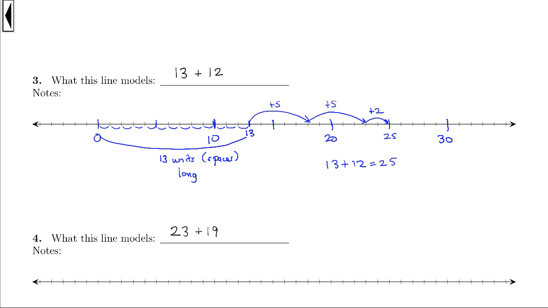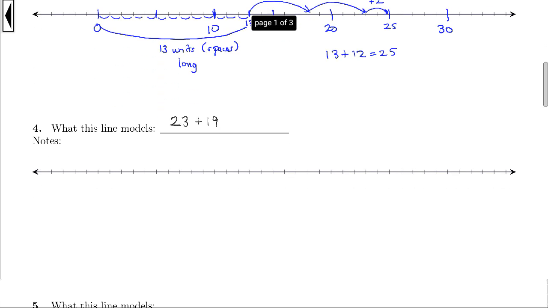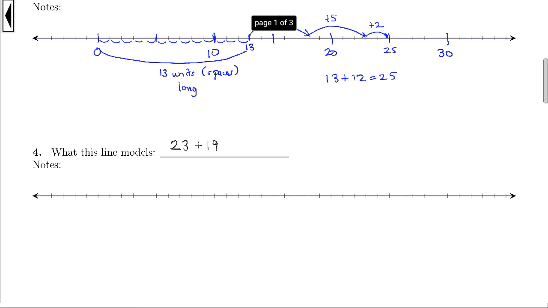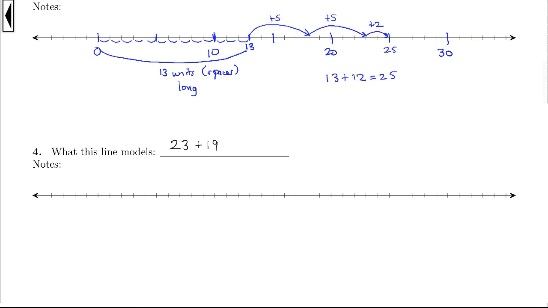Okay, let's do another one. 23 plus 19. I think I have enough. Let me see again. This looks like it was 30. Maybe I don't have quite enough. I'm going to just start numbering at 20, just for fun.